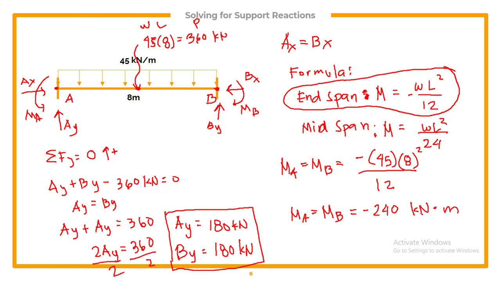For a moment, the unit is kilonewton meter or newton meter, a combination of force and distance. So that is the moment.